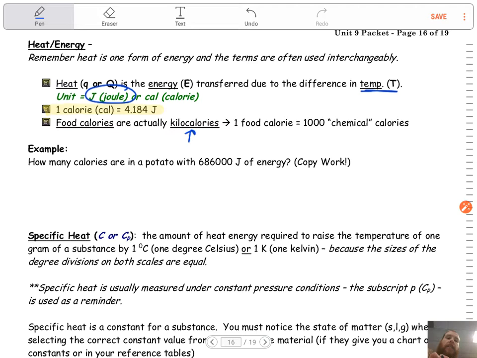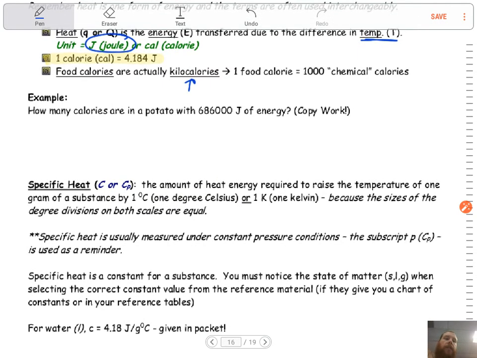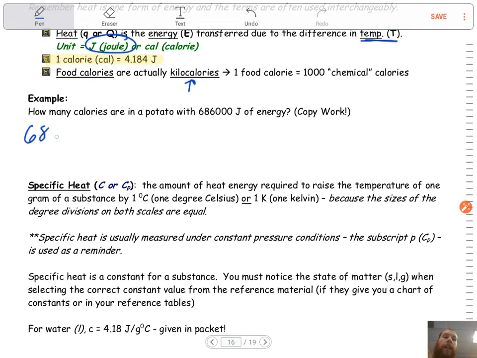So let's do one quick example to convert between the two, and then we'll wrap this video up. We've got 686,000 joules in a potato. We want to figure out how many calories there are. Simple conversion: joules on the bottom, calories on the top. We have 4.184 joules per 1 calorie. Joules cancel out, so all I'm going to do is divide by 4.184.